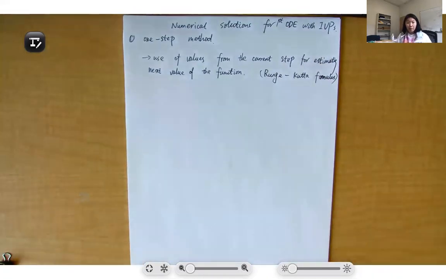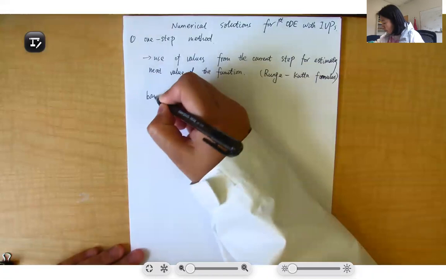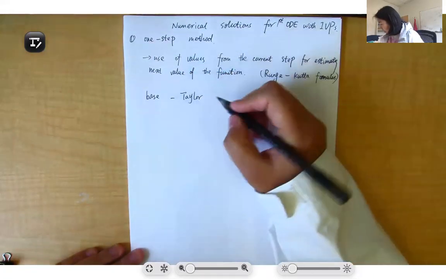And for this one-step method, the base of the method is the Taylor series. So the base of this method is Taylor expansion.